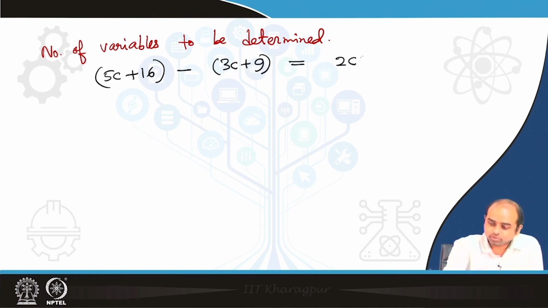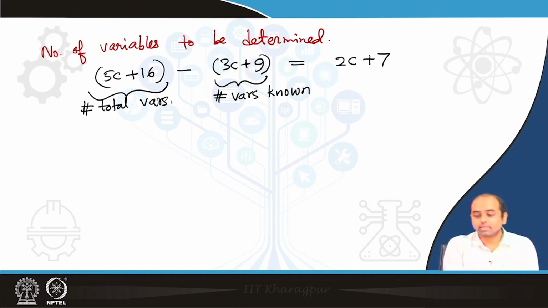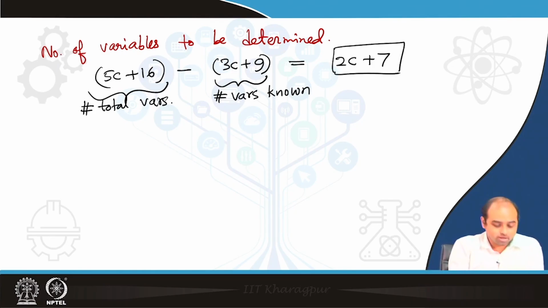So you have 2c plus 7 variables unknown.